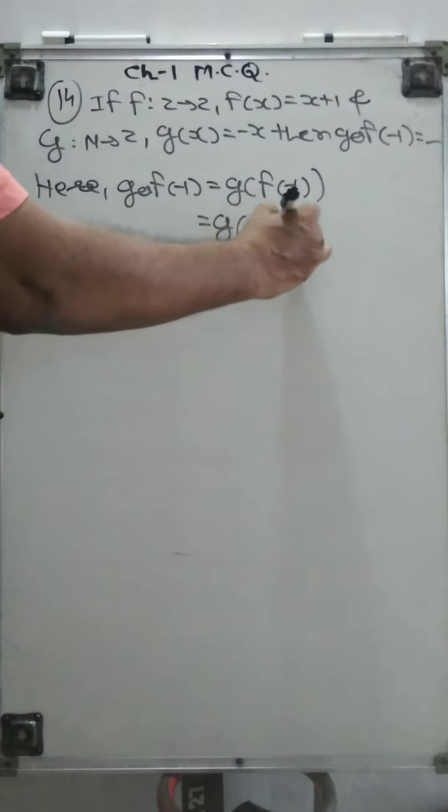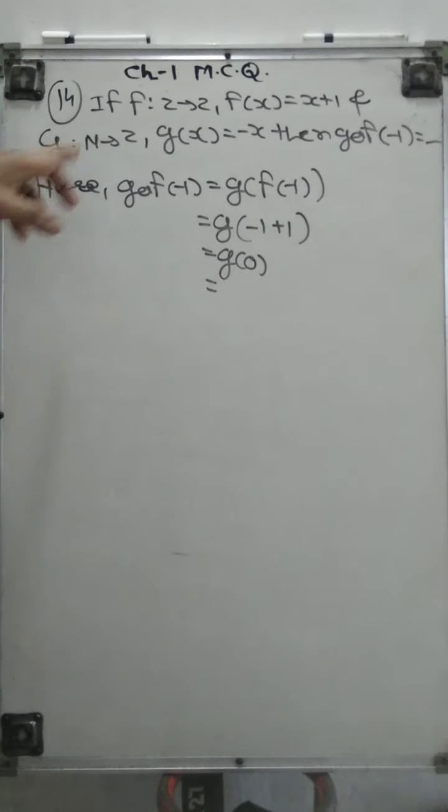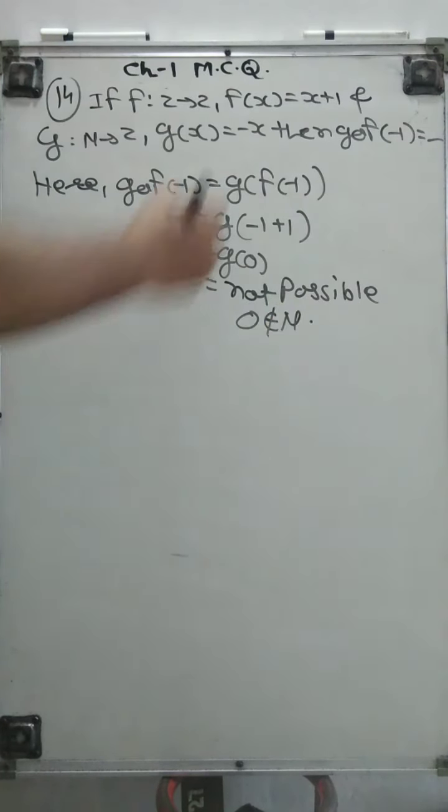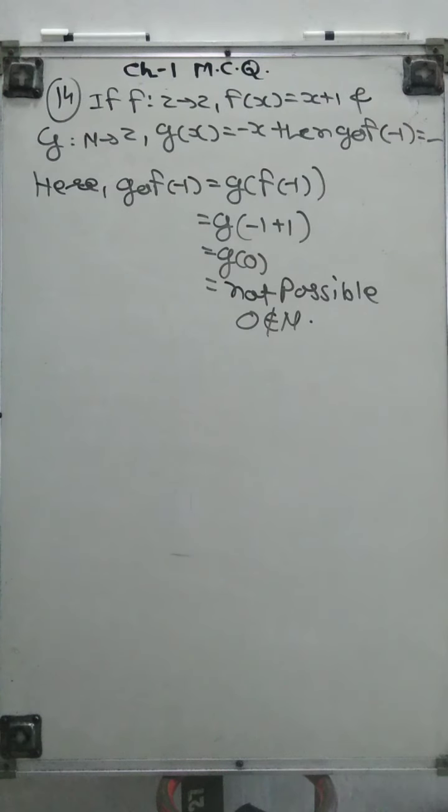Now for g0, one thing you remember, all the elements of the domain can be taken only from natural numbers. So 0 is not a natural number, which is not possible, because 0 does not belong to N. Therefore the answer of this is not possible.